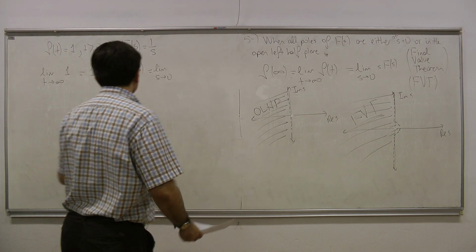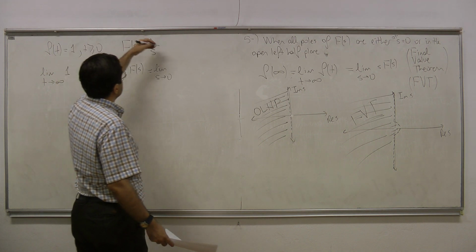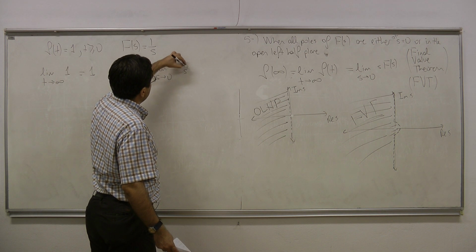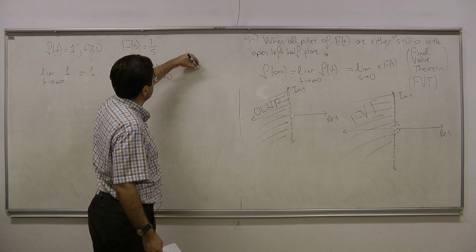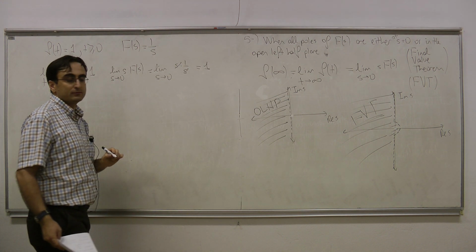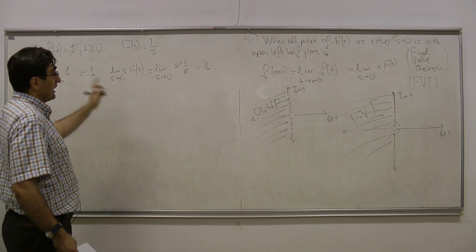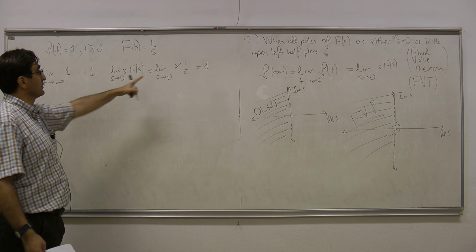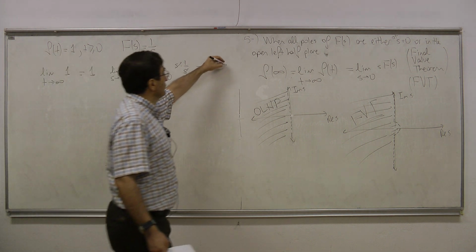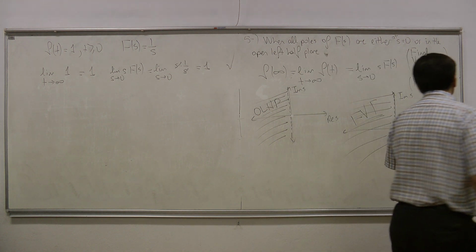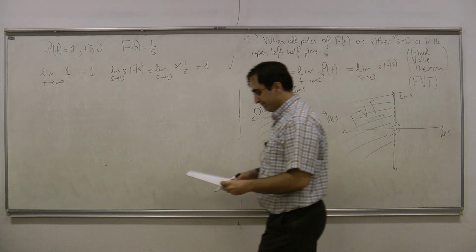Okay? So this is s times F of s, which is s times 1 over s. These cancel each other, and this becomes 1. Okay? So you see that we have an equality here. This limit is equal to this limit. So the final value theorem is actually holding here. All right?